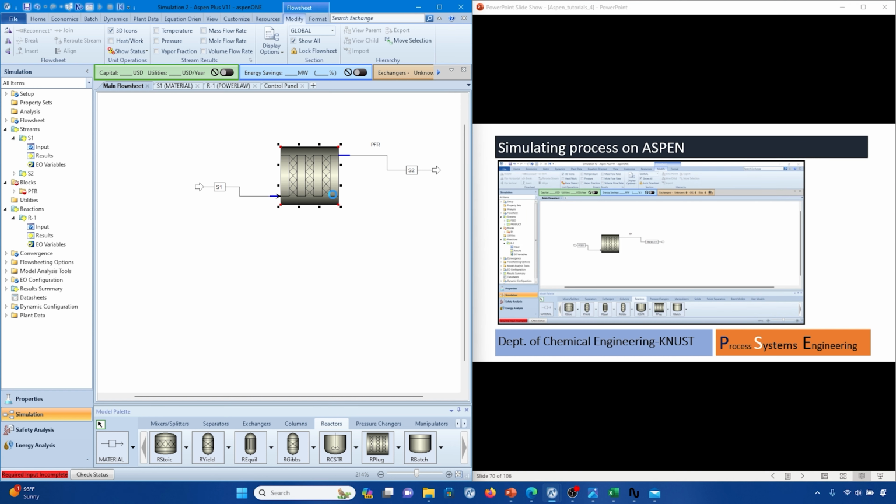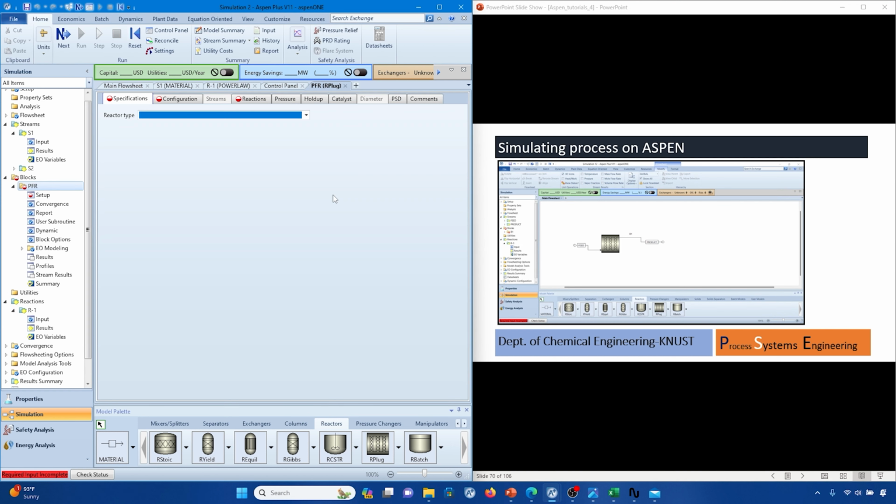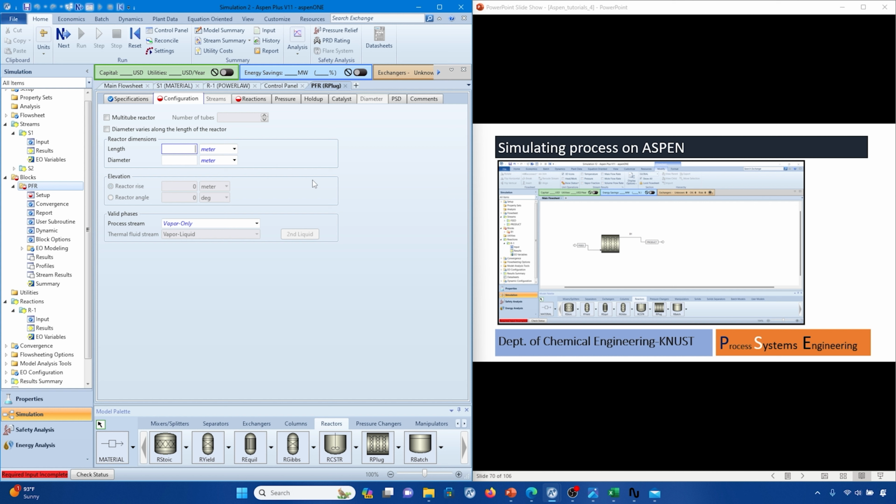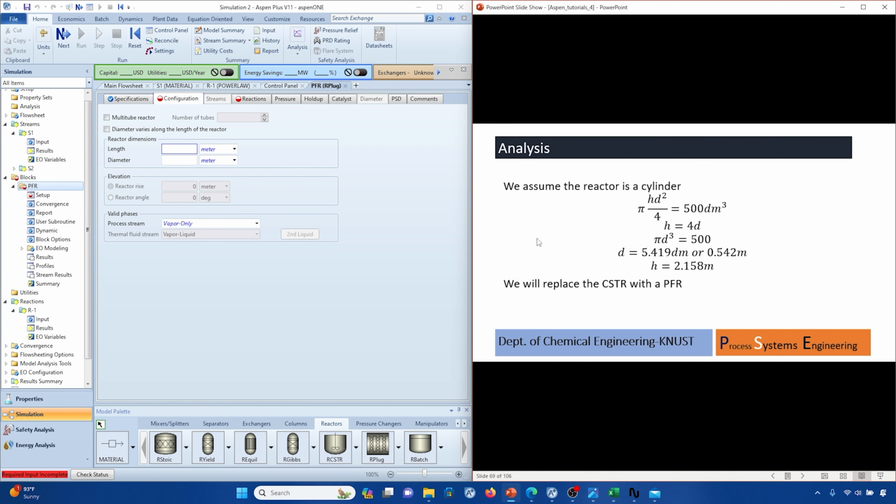So we quickly go into our configuration sheet. For the reactor type, we can decide to run it adiabatically as in the first case. Then we specify the dimensions, the length and the diameter.